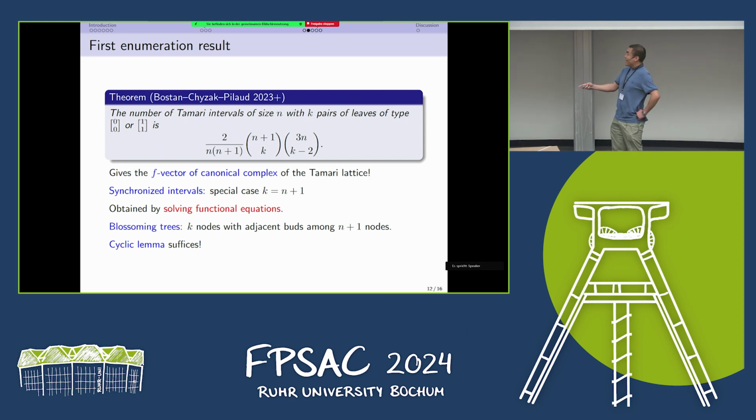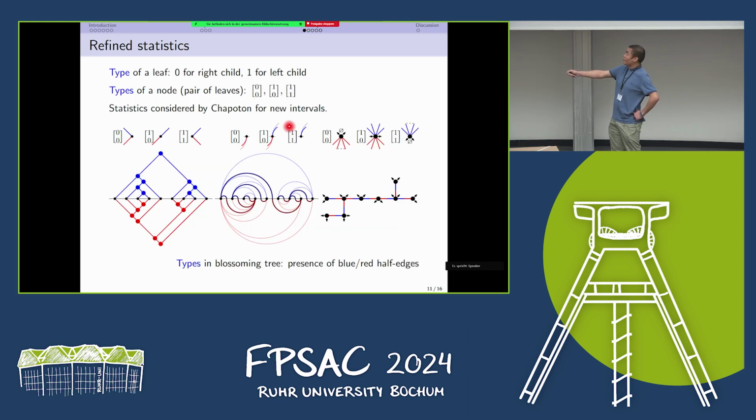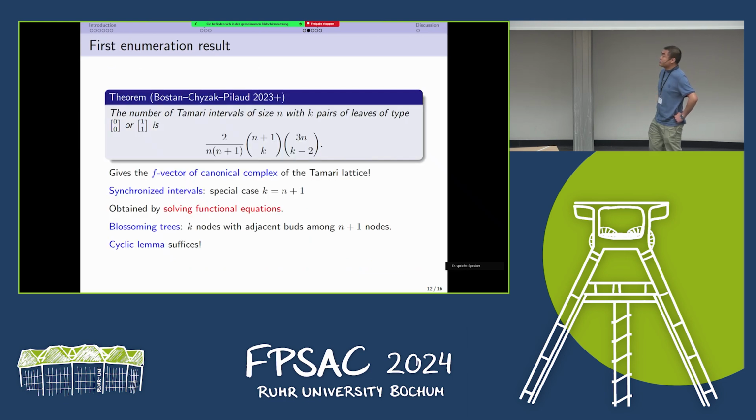And if we look back to the previous slide, 0, 0 or 1, 1 simply means that there is at least one color that's absent, meaning that the two buds are adjacent together. And we can kind of fuse them together. And afterwards, we can use a cyclic lemma kind of argument to get the rest of the formula and for connecting the blossoming tree. So what we have is a purely combinatorial proof of this result, and it's really nice.